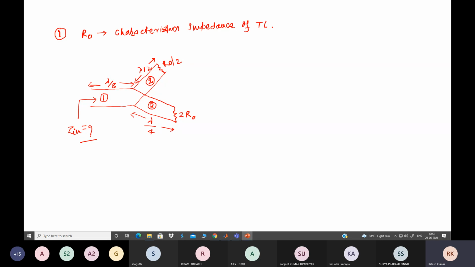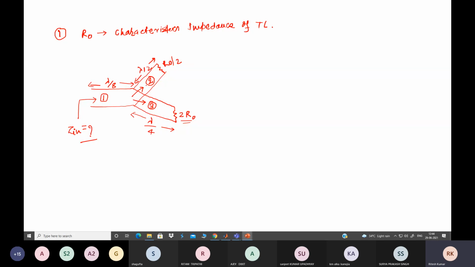For this transmission line R0 by 2, for this we have 2 R0, but for this no load is given. So what will be the load here? This load will be the same as the input impedance carried by transmission line 2 and the input impedance carried by transmission line 3. So the parallel combination of these 2 and 3 will give the load impedance at this point.